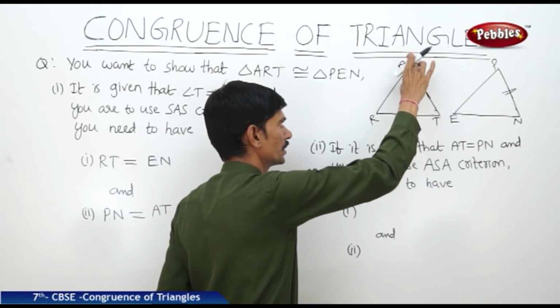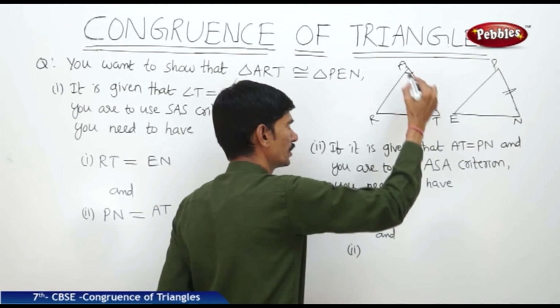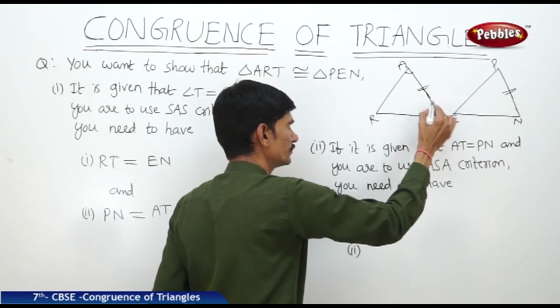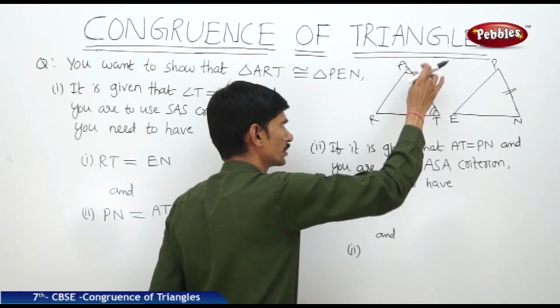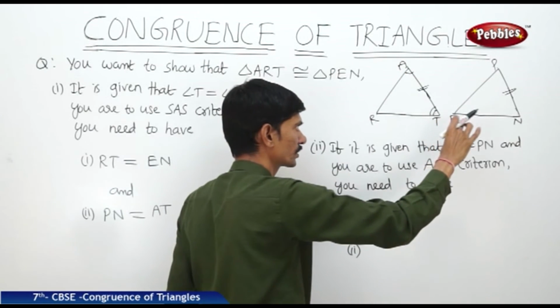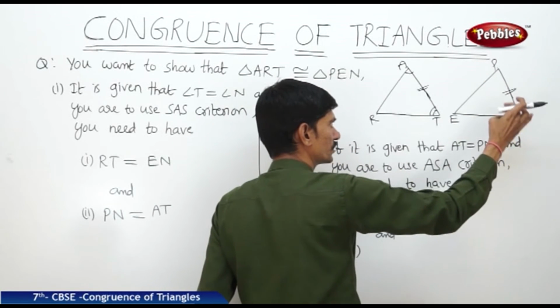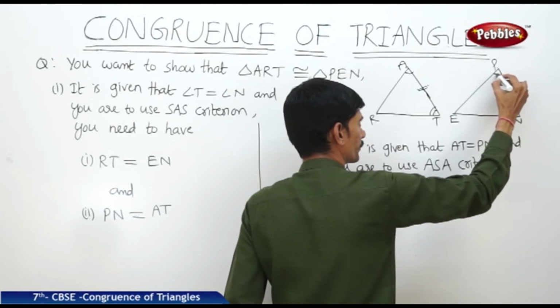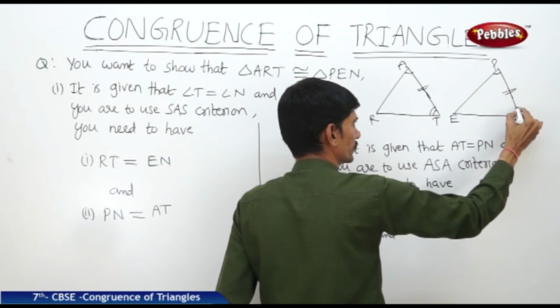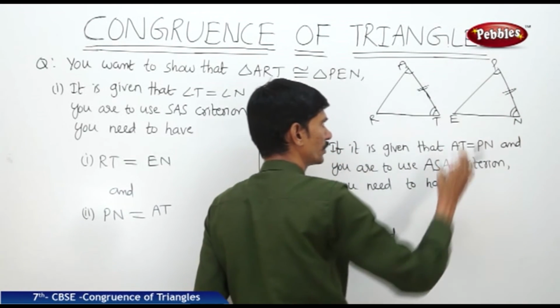AT is the included side, so angle A and angle T are the two angles on the included side AT. Here also we will mark the two angles so that PN is the included side. So we can mark angle P and angle N as the two angles on the included side PN.